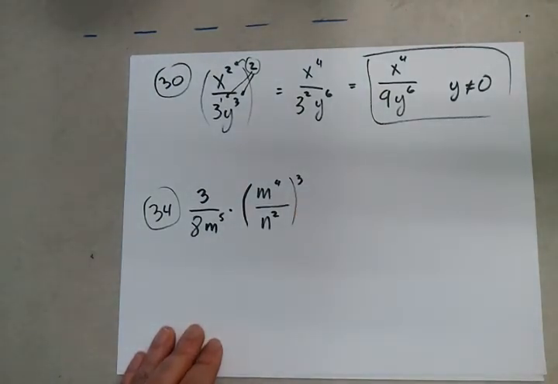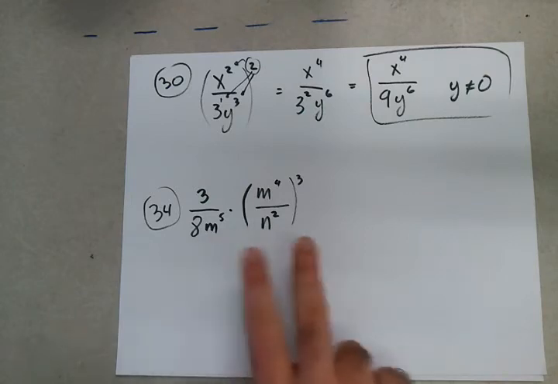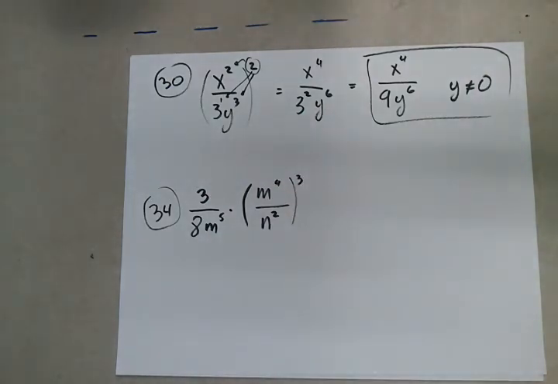This is a bit of a complicated problem. It's a compound problem, so there's a few things going on at the same time. I'm going to treat them separately for right now. I'm going to deal with the right part first, and then I'll deal with the left part next.